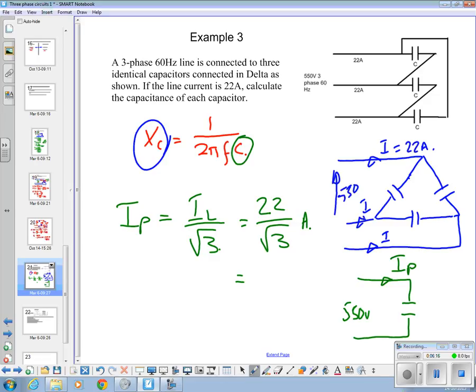I made that 12.7 amps. Please check, but I made that 12.7 amps. So we've now got that.